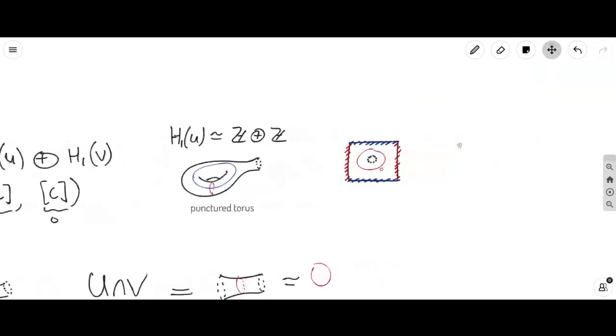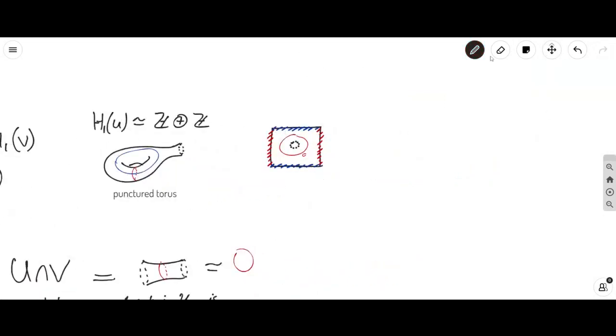And now here's the question. To show that C is homologically trivial in the punctured torus, we need to show that C is a boundary of a two chain. So can you find the two chain? Something is homologically trivial if it is the boundary of something.